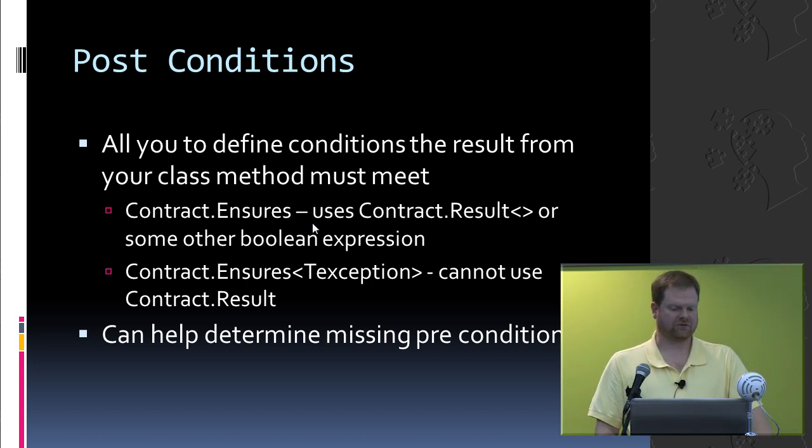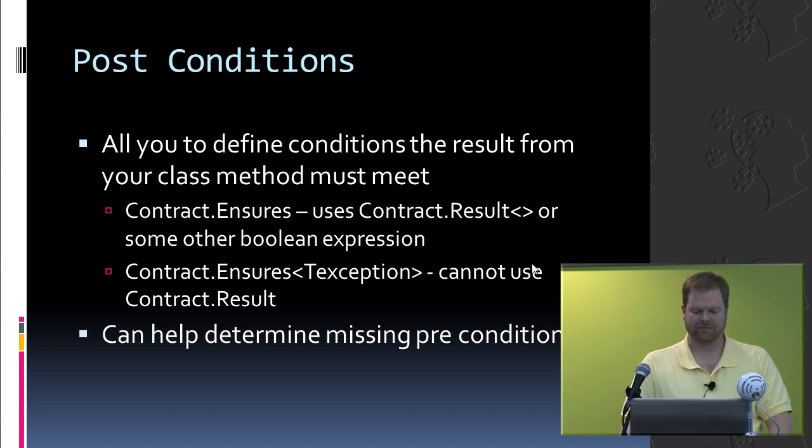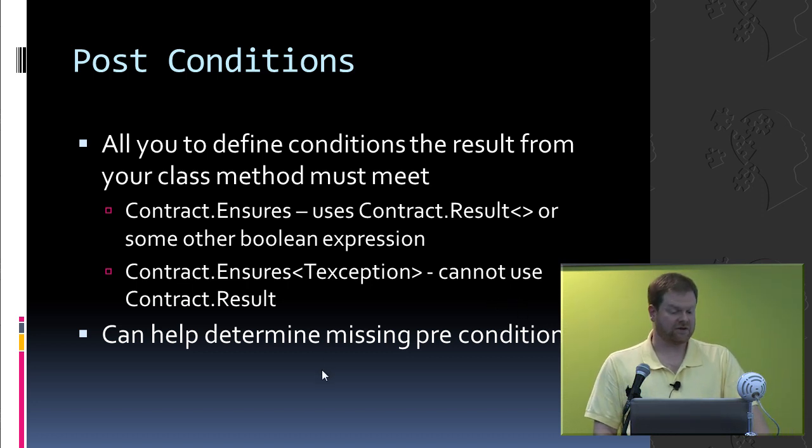The other way you can do it is to just put a Boolean expression in there. So in the case of my add function, going back to the sample, for the ensures, I can either say contract.result, or I can say that operand 1 plus operand 2 is greater than 0. Either expression would be just fine. The nice thing I found by doing post conditions is that the static checker popped up and told me something I was missing that had not appeared before when I was doing the preconditions.